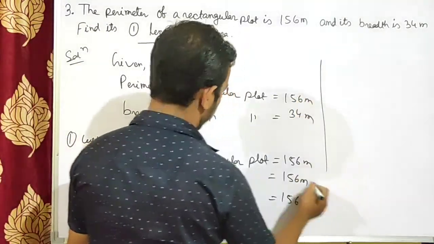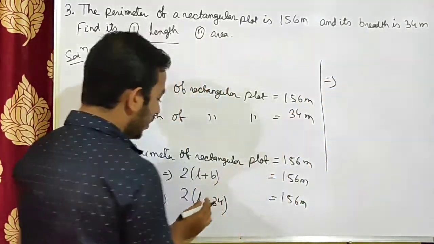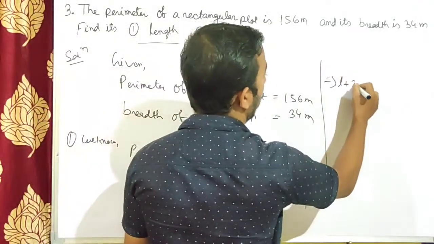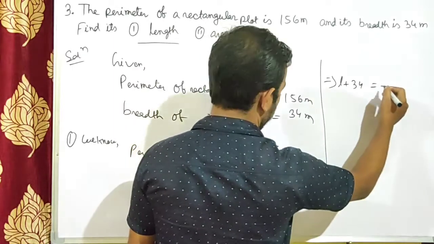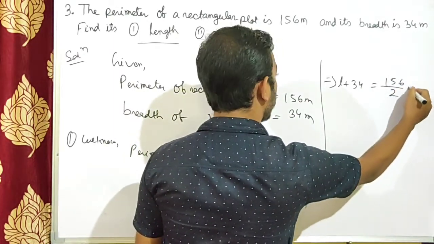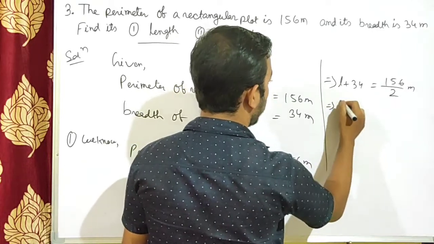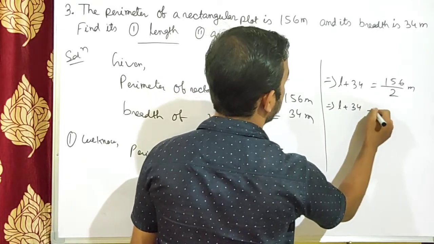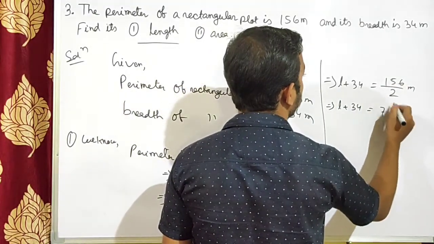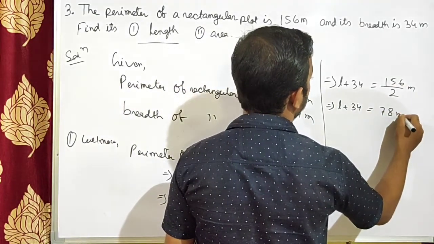When we take this 2 to this side, it will be divided. So we'll write L plus 34 equals 156 divided by 2. Now 156 divided by 2 is how much? It is 78 meter.